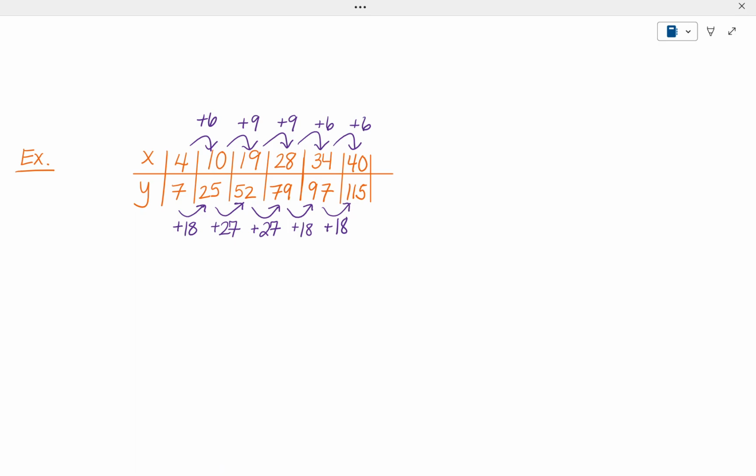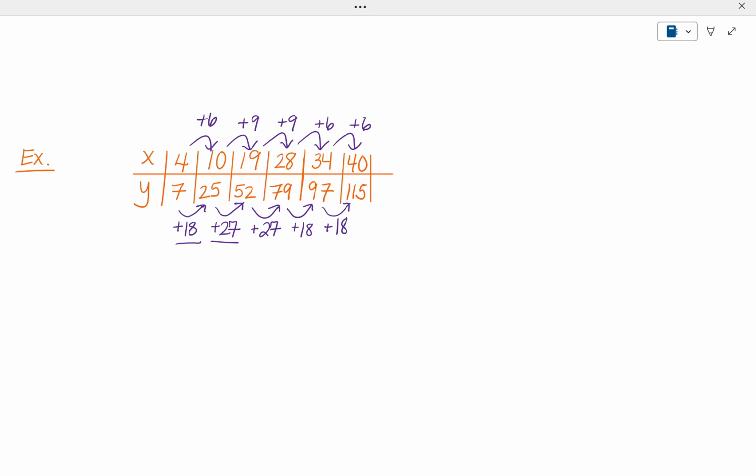All right, so this is a little bit different than what we're used to seeing, because usually we see that we're adding by the same number as x increases. So we usually see that the y values are increasing by the same number. And here we have plus 18 and a plus 27.